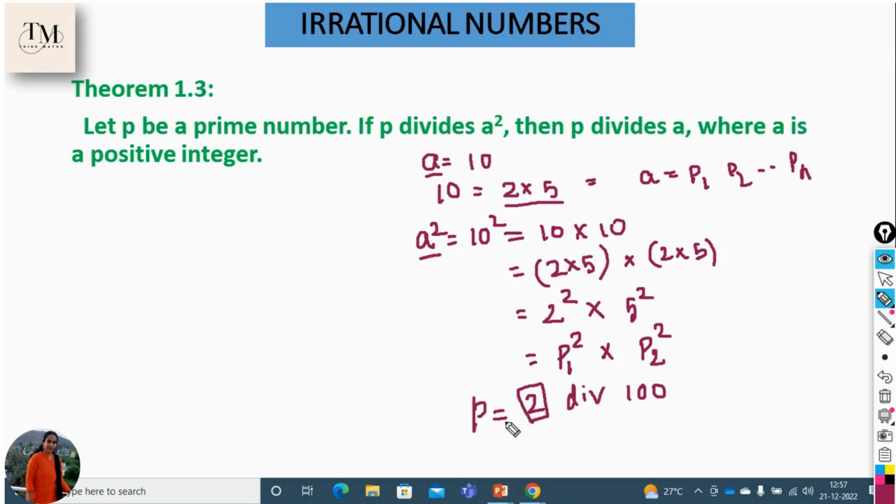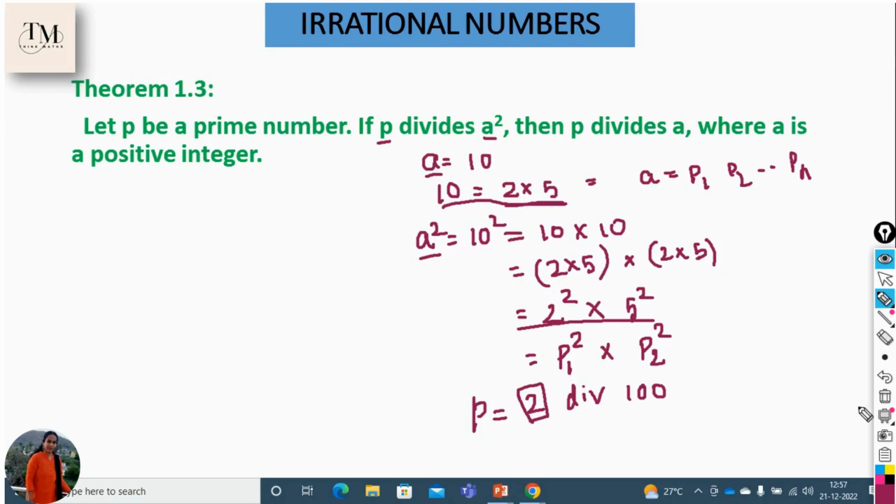So if 2 divides 100, that is, 2 is in the prime factorization of 100, then the same 2 is in the prime factorization of 10. So 2 also divides a, that is, 2 divides 10. This is what we have to prove with the values p and a.